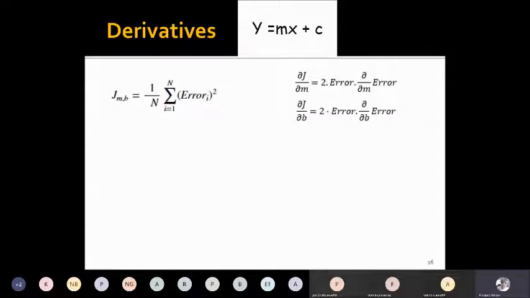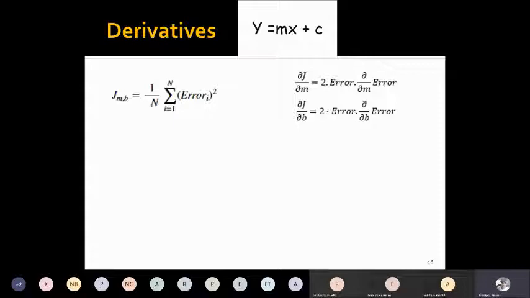So I am defining this error function as a function of slope and intercept. I will partially differentiate it with respect to m, and partially differentiate it with respect to b. We will equate it to 0, and that way I will keep on changing the slope and intercept.